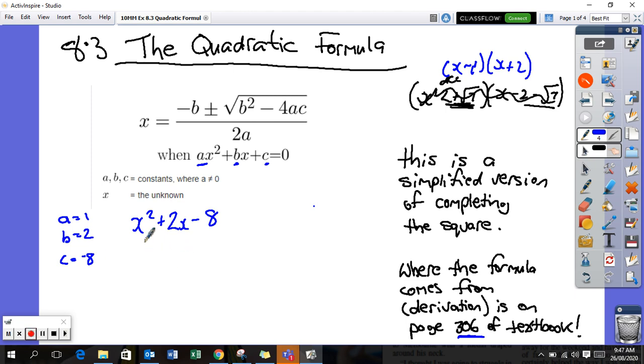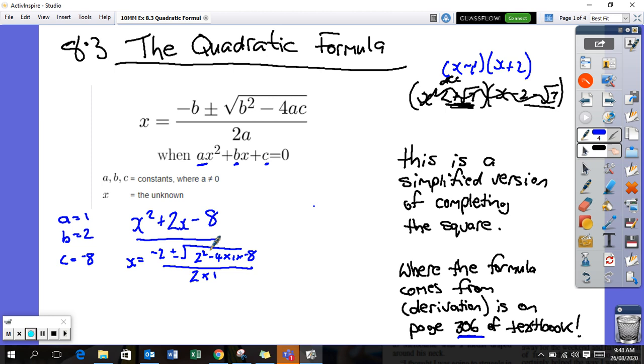So, if we're going to work out our solutions, hopefully I've got enough room here, I might have to go up and do it in two columns, but we'll see how it goes. We go x equals minus 2 plus or minus the square root of 2 squared minus 4 times 1 times negative 8 over 2 times 1.